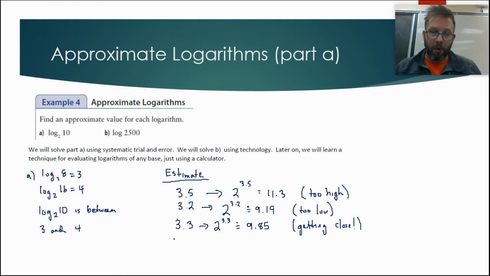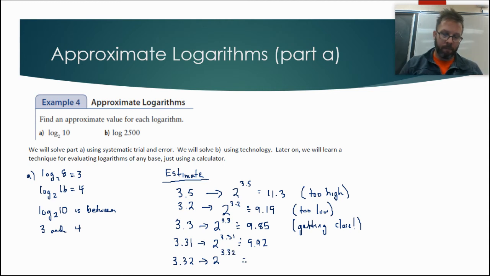Let's try 3.31. See if that gets us there. 2 to the power of 3.31. 9.92. Maybe 3.32 is good. I got a feeling that it is going to be. 2 to the power of 3.32. 9.99. Okay, I'm going to call that good enough. Seems good.